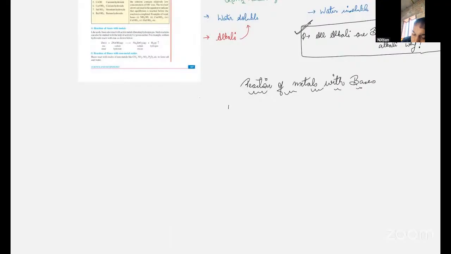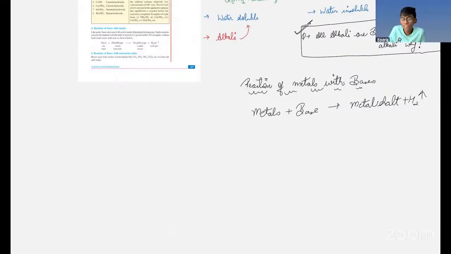First one is zinc. Like metals reacting with base, it will give metal salt plus H2 gas will release. H2 with the up arrow.